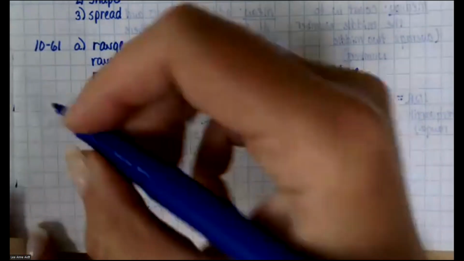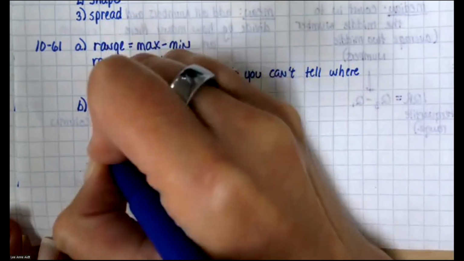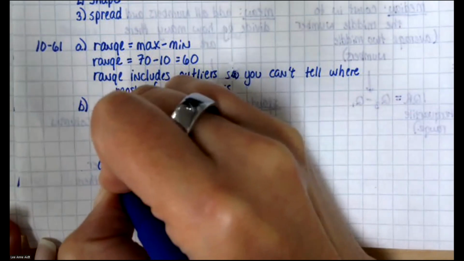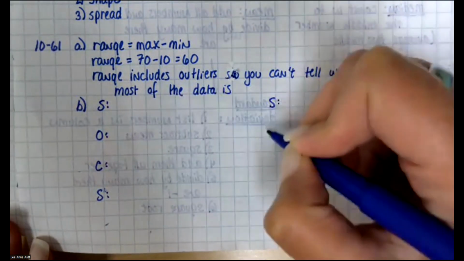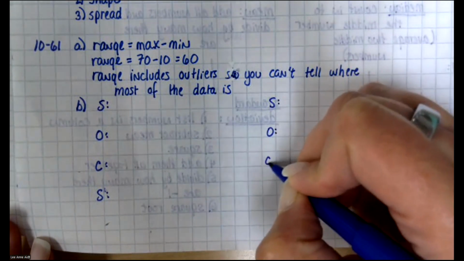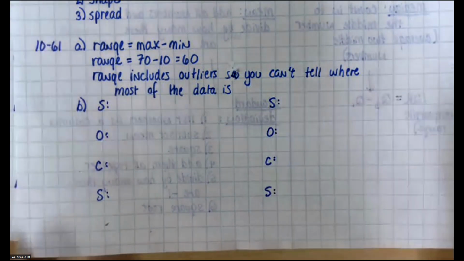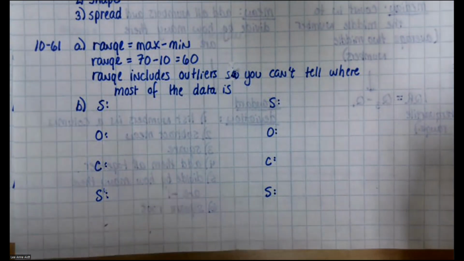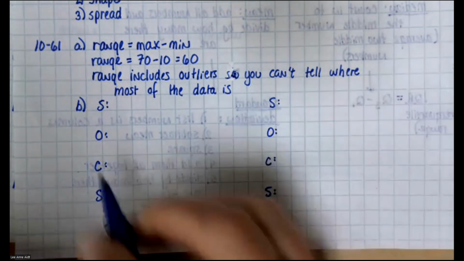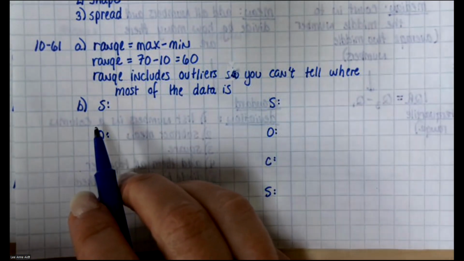Okay, for B, we're going to do SOCS for both graphs, and we're very lucky. You'll see why in a minute. Okay, the first S stands for shape.